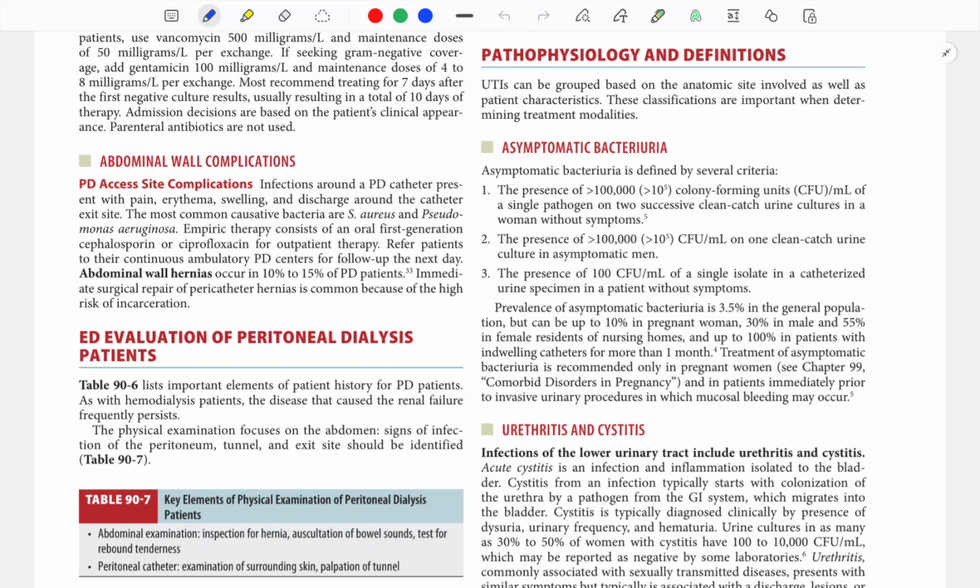Examples are UTI in a man, UTI in a catheterized patient, recurrent UTI, advanced age, neonates, pregnancy, comorbidity, immunosuppression, atypical agents, neurological disease.